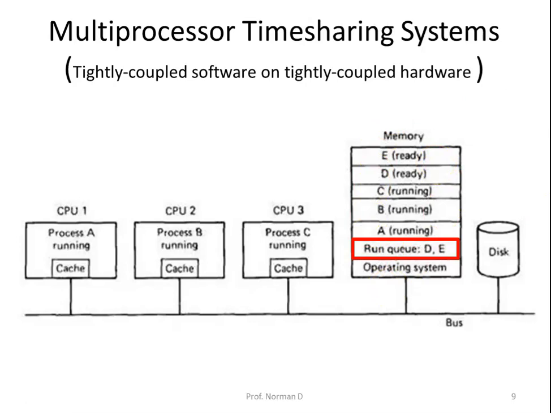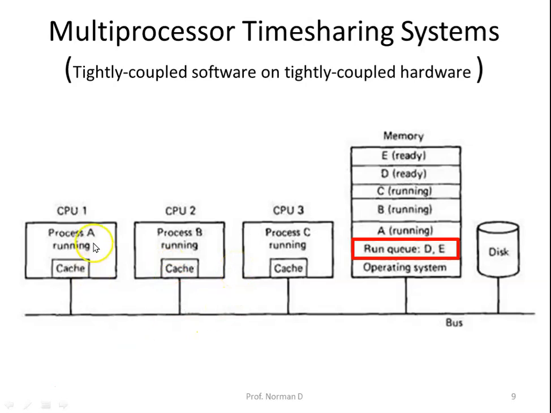As an example, let's consider a system which has 3 CPUs and 5 processes: process A, process B, process C, D and E. Now all the 5 processes are located in the shared memory, and 3 of them are currently executing on CPU 1, CPU 2 and CPU 3.